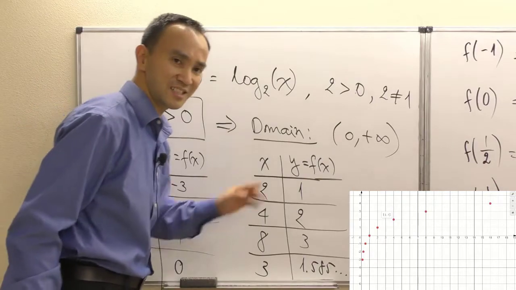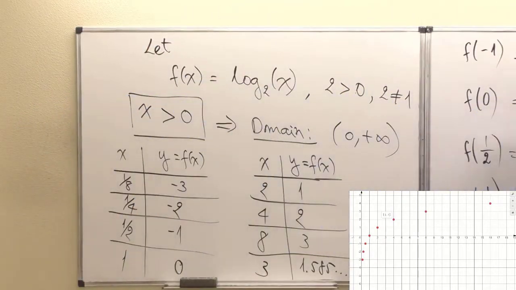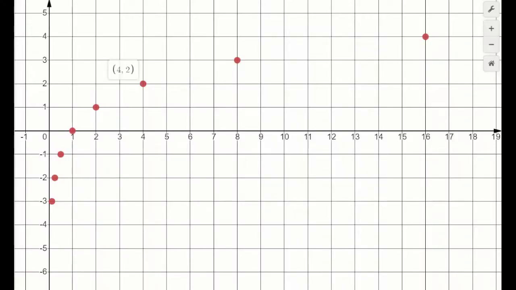Let's continue. For the next point, 8, 3. I even got into 16, 4 right here, and anyone viewing this lesson can easily verify that when the input x equals 16, the output equals 4.